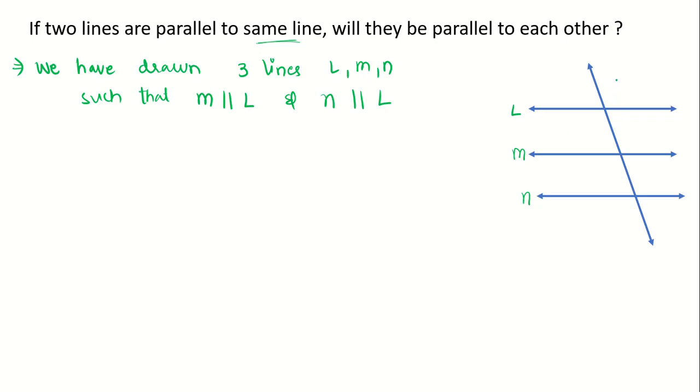Now, let us draw a transversal T. This is your transversal T. Let us draw this transversal T on these lines L, M, and N. As you can see here, we have three lines L, M, N, and a transversal T is drawn on these three lines.